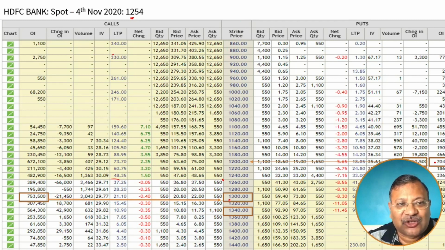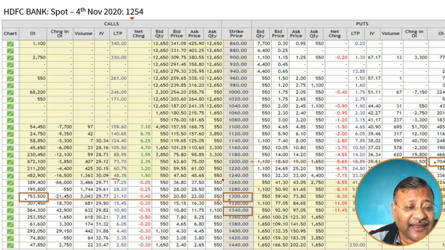November. Since the price is 1254, the ATM point would be here. Now, first let us look at the OTM part of the calls, that is this point, and see where the highest open interest is, because we first need to identify the support and the resistance level.